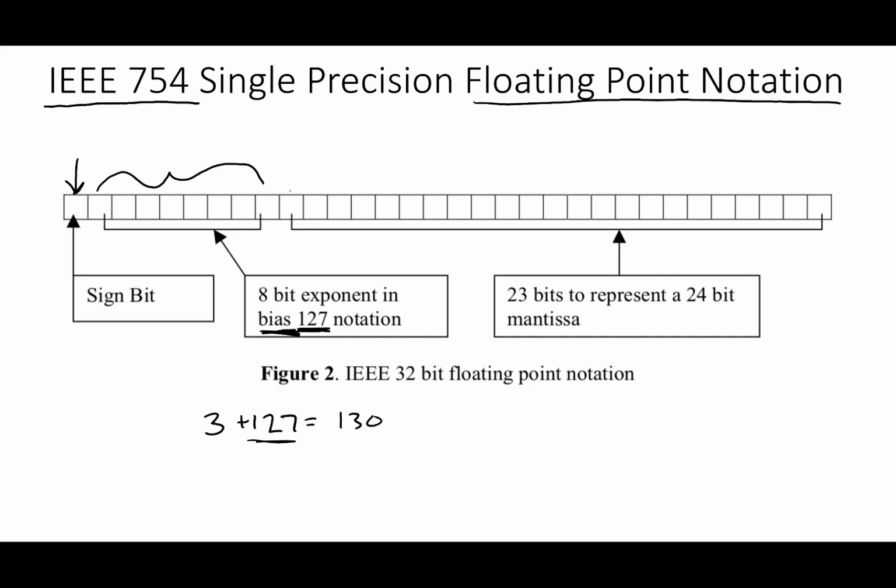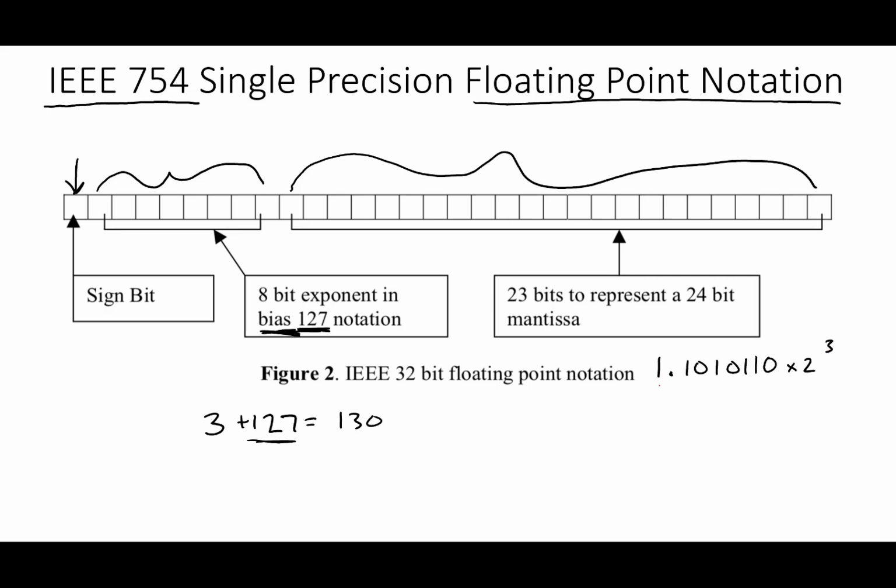And then we have 23 bits to represent a 24-bit mantissa. We're representing the 24 bits with 23 bits because if we go back to scientific notation, let's say we have 1.1010110 times 2 to the third.